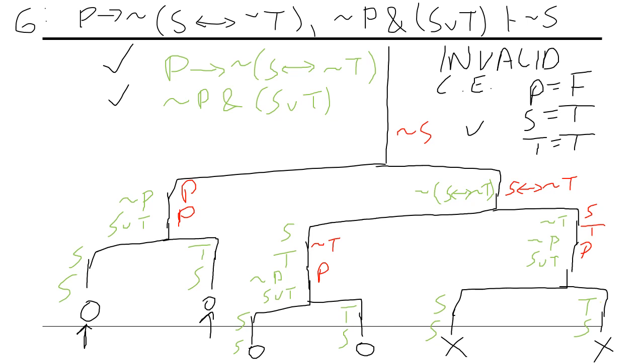So again, if you come across a branch that doesn't have a value for the letter to put in the counter example, what you're going to do is just supply either a T or an F for it, because it has to be one or the other. It has to be either true or false, but it really doesn't matter which one it is. So if it's ever absent in a branch, just pick whichever letter you want, either T or F for it, and then you're in good shape. But that is the sixth one.